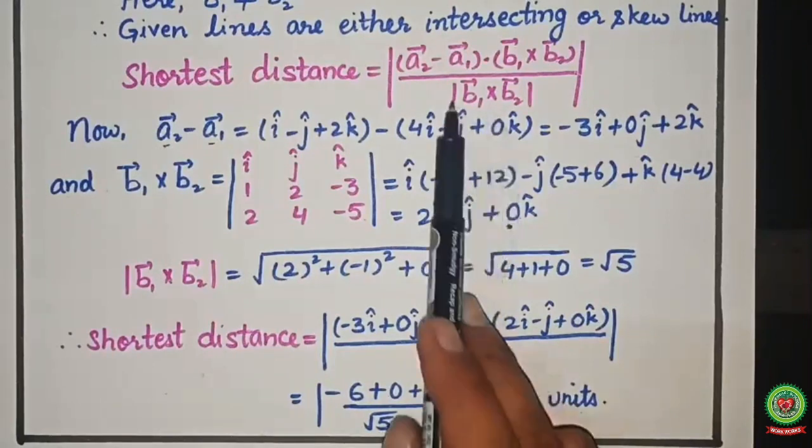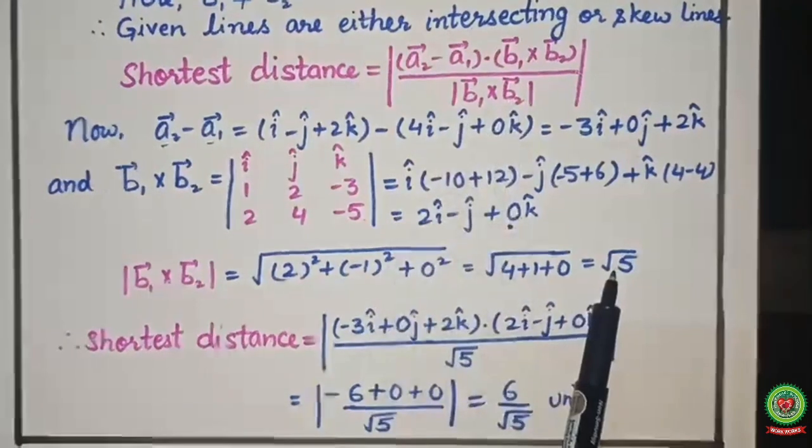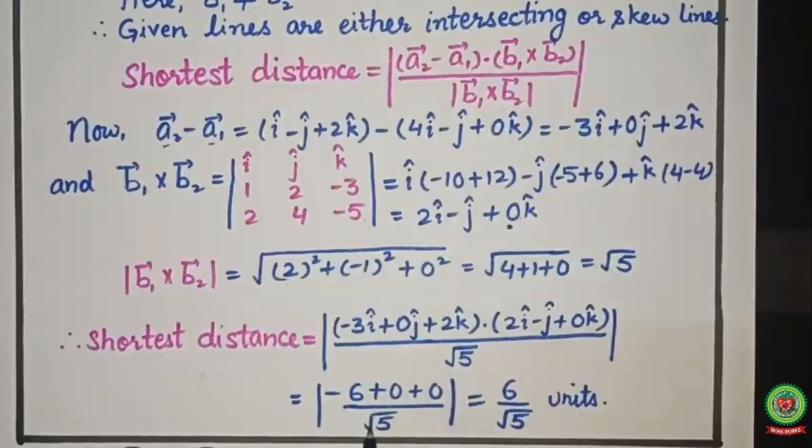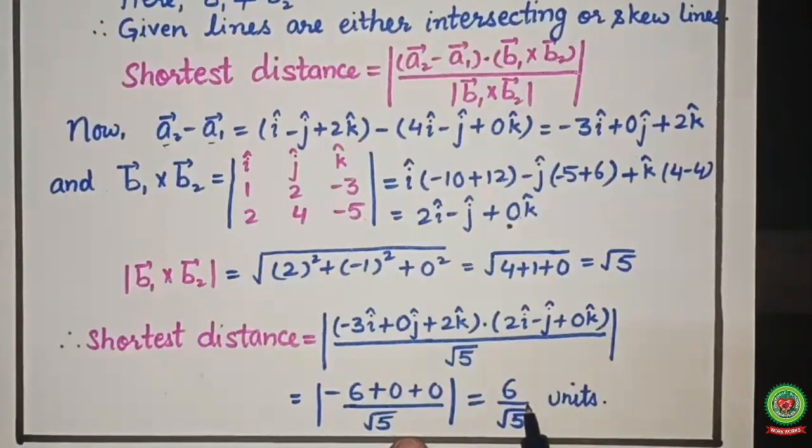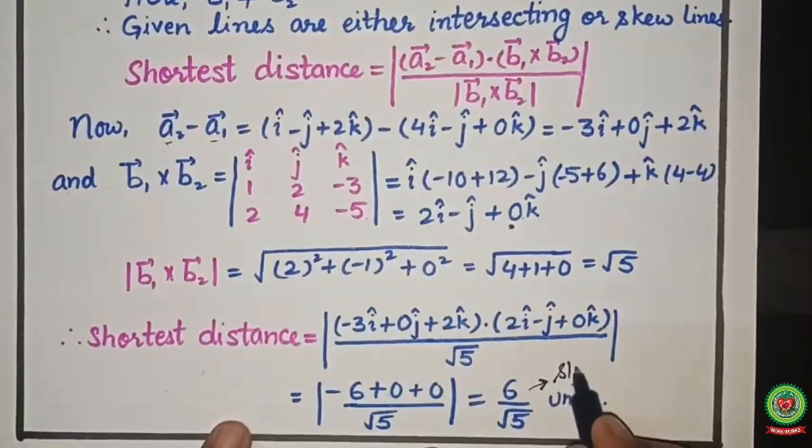And here mod of b1 cross b2 is equal to root 5. So on simplifying, we get 6 upon root 5 units. In this way, we can find the distance between two intersecting or skew lines. As here, distance is not equal to 0, it means the given lines are skew lines.